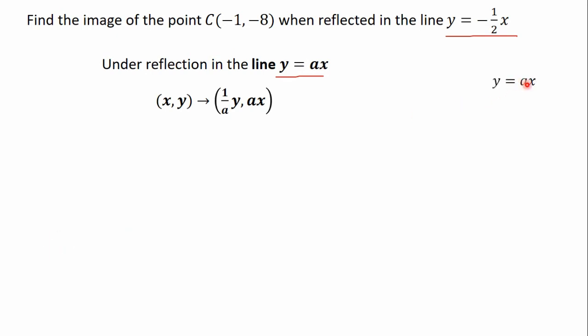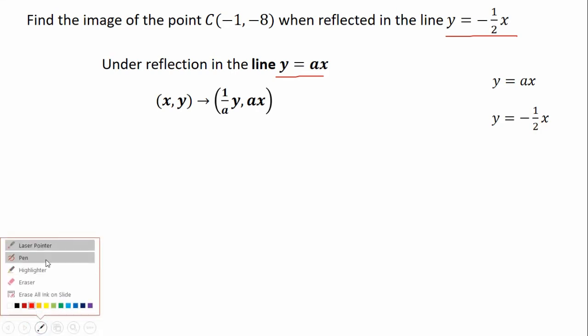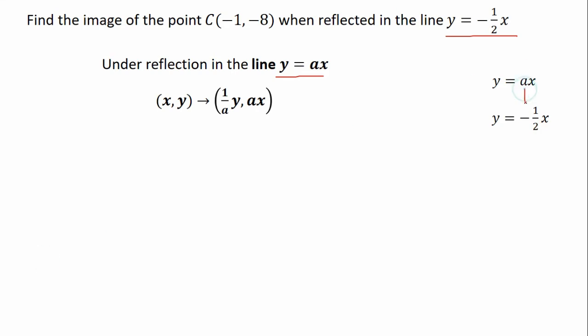So when we compare, we can easily see that a is minus 1 divided by 2, because we have y equals ax and y equals minus 1 divided by 2x. So a is minus half. We now have the value of a.